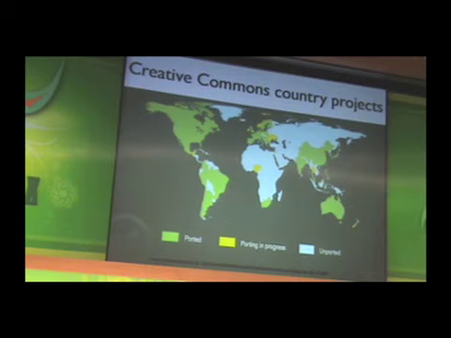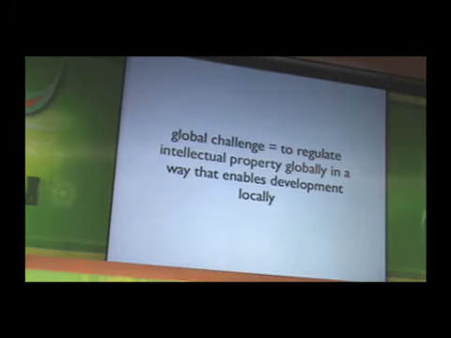And really, we still don't really have a good idea of how we're going to bring along the rest of the world. I think this is because the global challenge is not right now only about how to regulate copies on the internet. The global challenge is how to regulate intellectual property in a way that enables local development.